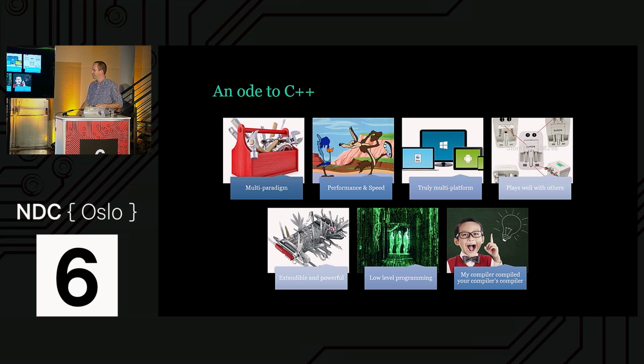Compilers and operating systems were written using C++, and even some languages whose compilers are not written with C++, the platform or the runtime or whatever is C++. And that's a very powerful thing to have, because if we think about it, we can understand how they work, because we wrote similar code.